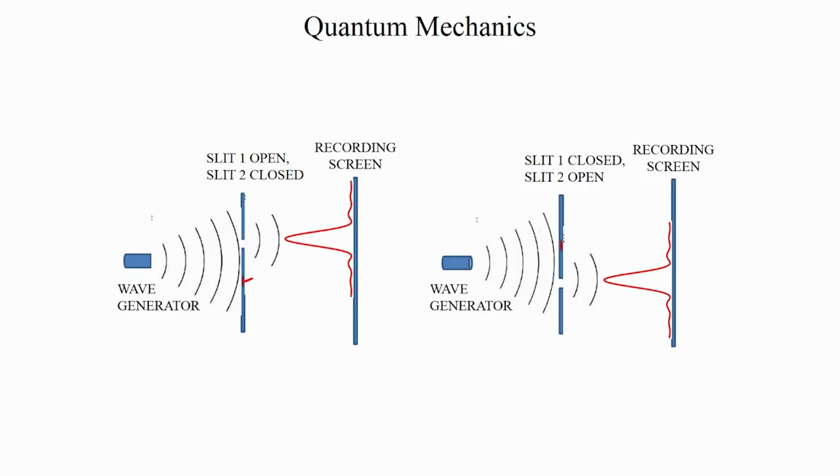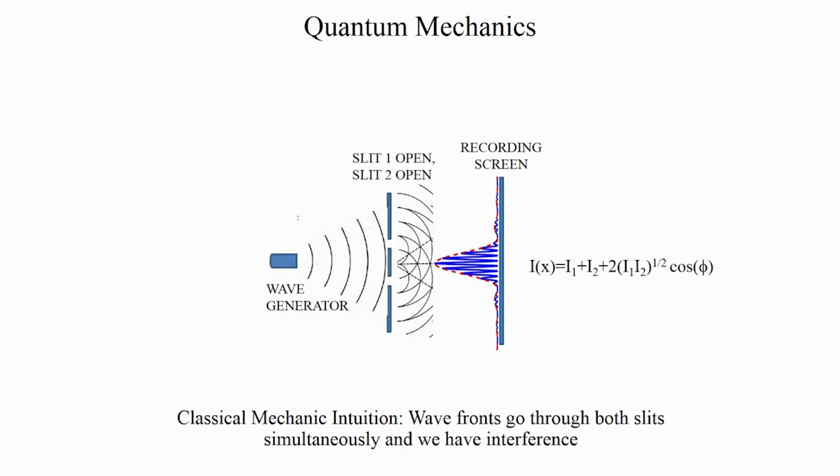Now, if you were to close that slit and keep this one open, you will find another intensity distribution that looks like this. Now, if you were to keep both slits open, the wave front enters through both slits at the same time, and what you will see is an interference of these two waves. You see all these points where both these wave fronts are interfering with each other.